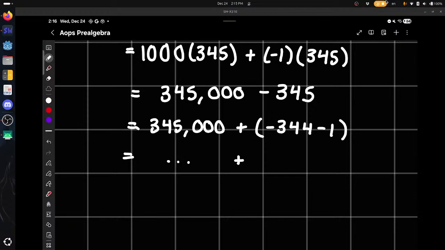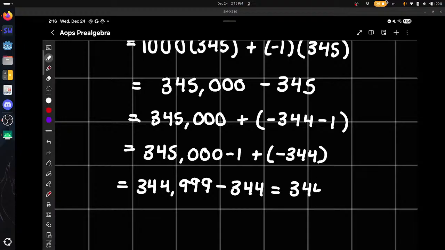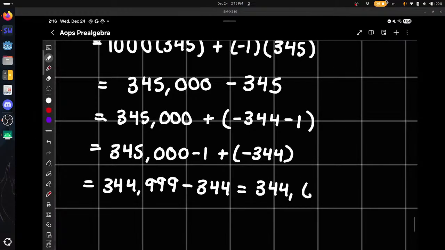We can then turn this into that, so we're left with this plus that. We now know that. So this 9 minus 344, which is 344 6 5.